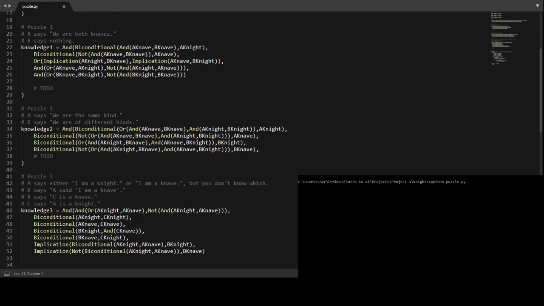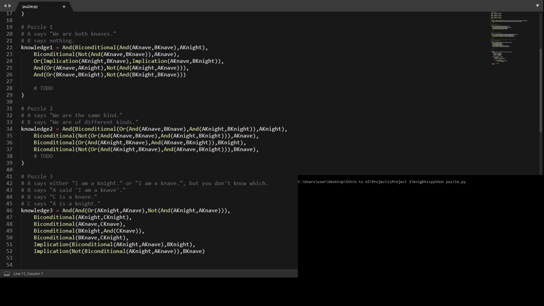So we have figured that, and then it will figure it out. For the first puzzle, A says that A and B are both knaves, but B says nothing. We have to make sure that we feed the raw data to the AI, solving this in a logical way. A says that they are both knaves.